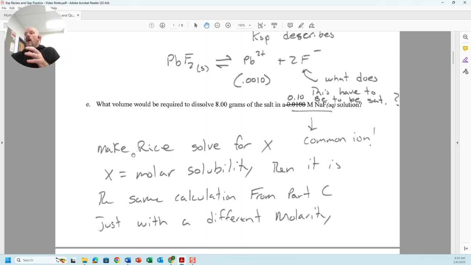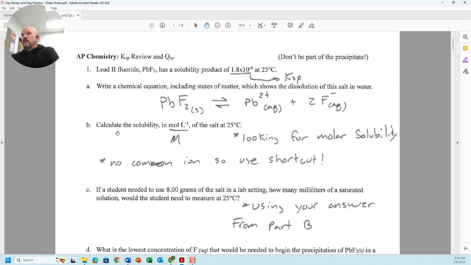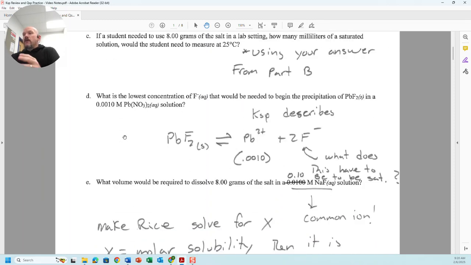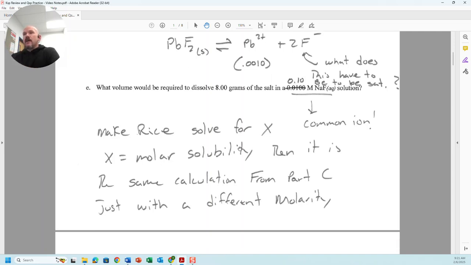So what we need to do is figure out the molar solubility in this solution, not in pure water. Our answer to part B was the molar solubility in pure water. Now we need to know what the molar solubility is going to be in a solution that already has 0.1 molar fluoride.